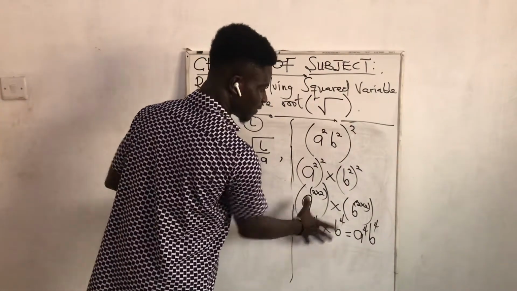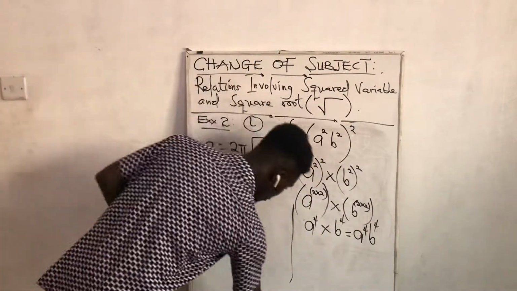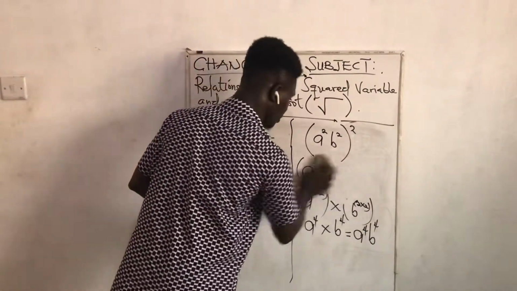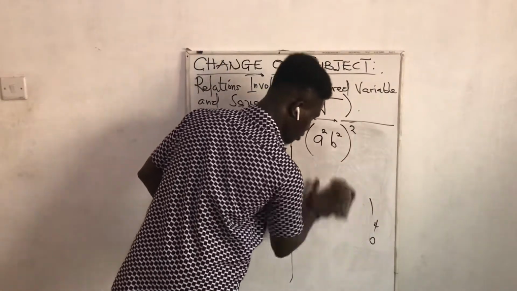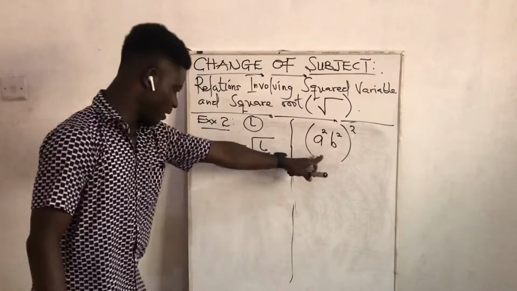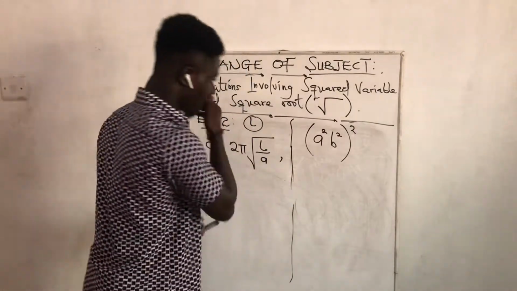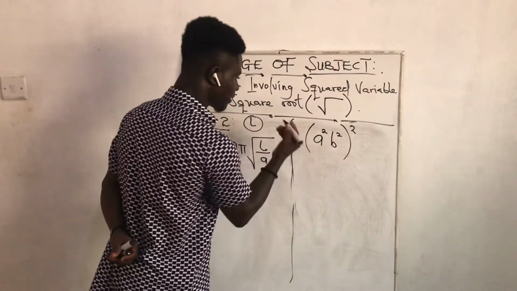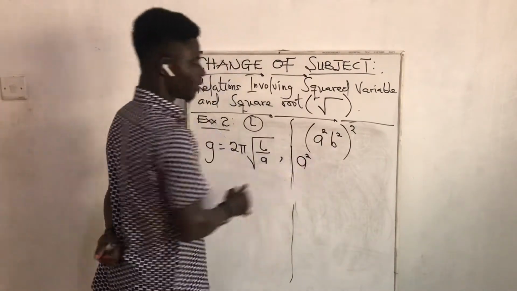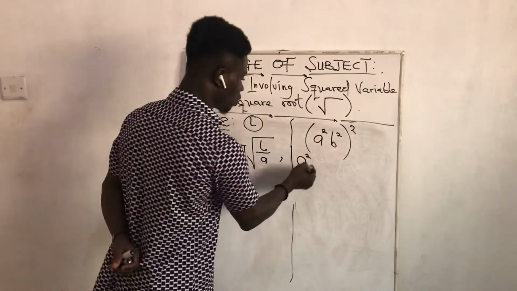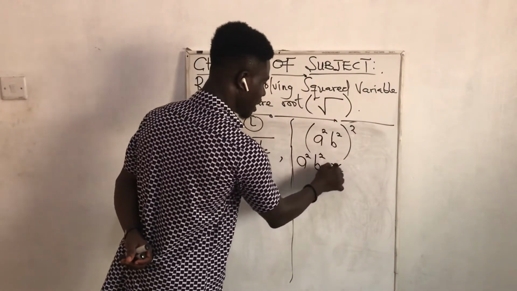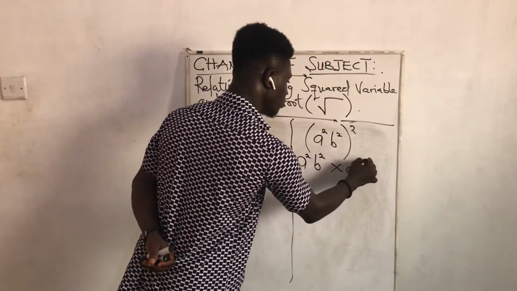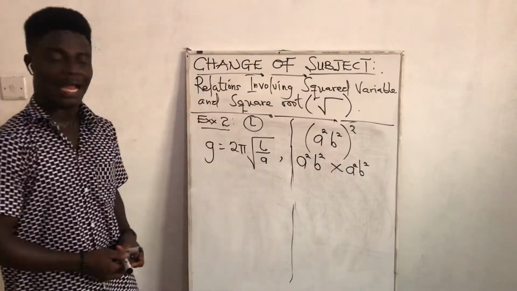As simple as that. Please, do you understand this? Sure. Alright, let's see something here. You'll be applying this one. Now, a squared, b squared, we can write it as a squared, b squared times a squared, b squared. Why?